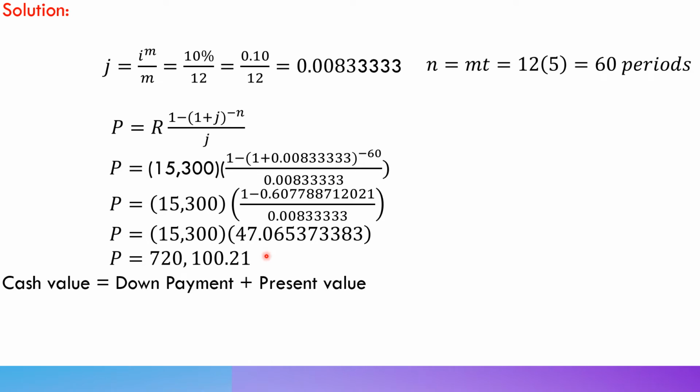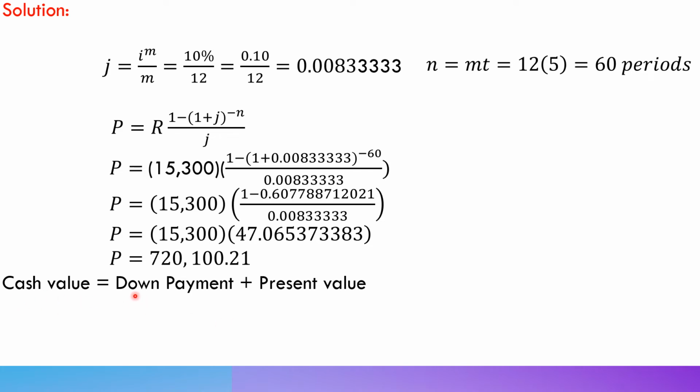So now, this is P, the present value. Remember, for the cash value, we are going to compute for the down payment and the present value. So we are now going to compute this present value and the down payment made in the given problem. So this is the formula.